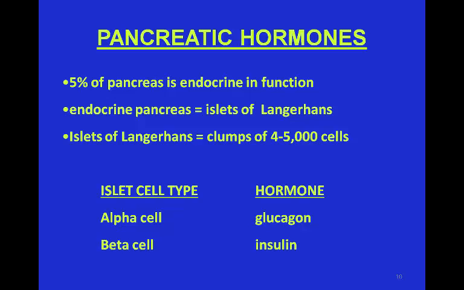So the word glucagon is a hormone. The word glycogen is a storage form of glucose. So those words look very similar to each other. And glucagon affects the glycogen. So a lot of anatomy and physiology students or biology students tend to get glucagon and glycogen mixed up. So we don't want you to be doing that. So glucagon is the hormone.